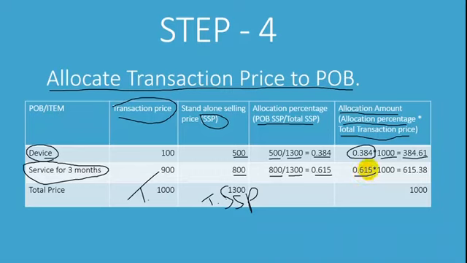The percentage is 0.615 into total transaction price 1000 rupees, equal to 615.38. So the allocated amount will always be equal to your transaction price. It is always equal to the transaction price. Okay. This is the important one. Try to watch once again if you don't understand. Okay.